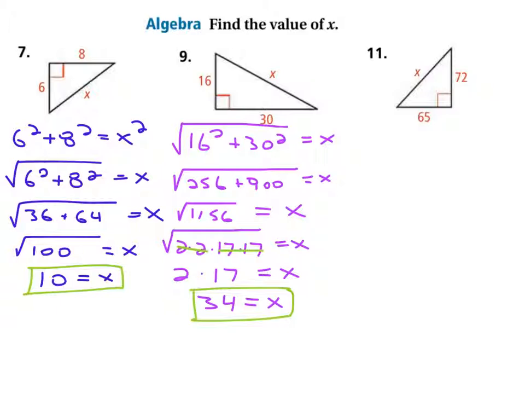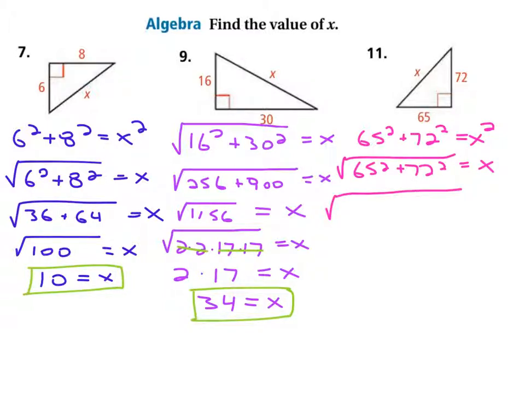Okay, and let's go one more. Let's do this one. We say 65 squared plus 72 squared equals x squared, or remember, that's the same as the square root of 65 squared plus 72 squared. Okay?